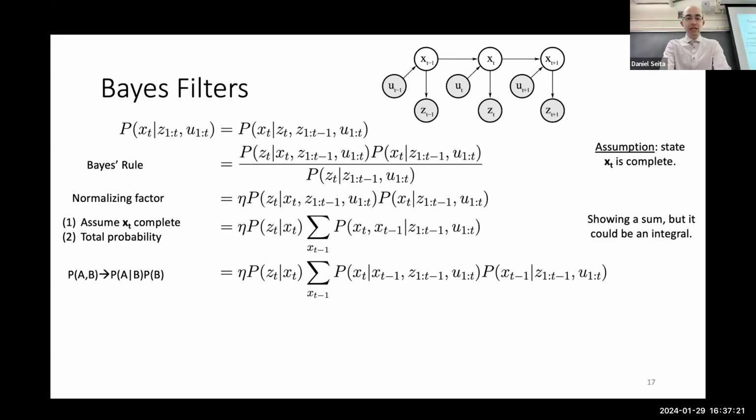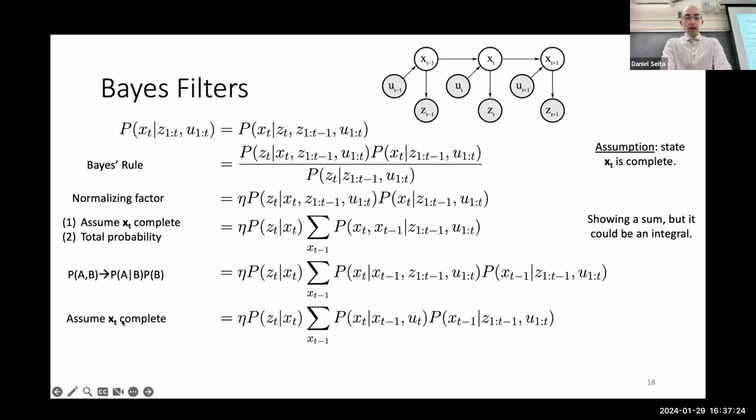So the next step after this is that, again, we assume that XT is complete, right? And what that means is that for this term, you can just condition on XT minus 1 and UT, right? And you need the UT. Why do you need the UT? Because you might naively think, well, XT minus 1 is complete, so why not just condition on that?